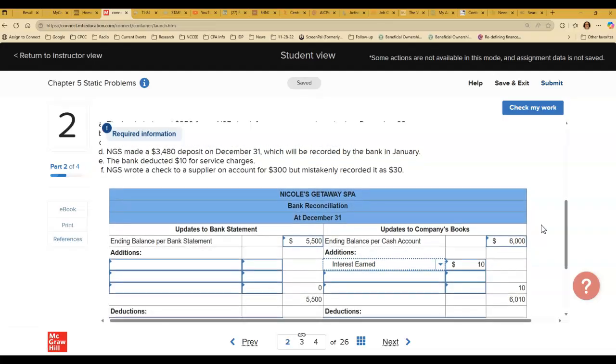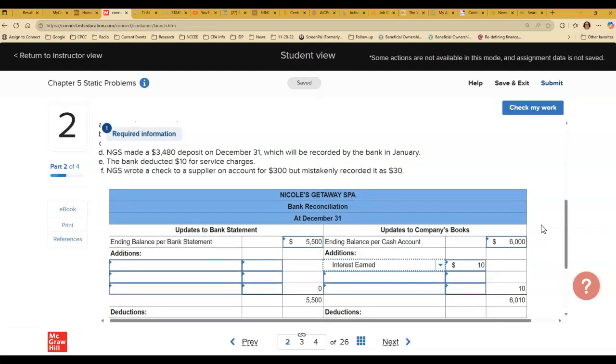All right. Nicole's Getaway Spa made a $3,480 deposit on December 31, which will be recorded by the bank in January. I'll explain this one here in just a minute. Who knows about this deposit? The company does, so it goes on the bank side as add or subtract?